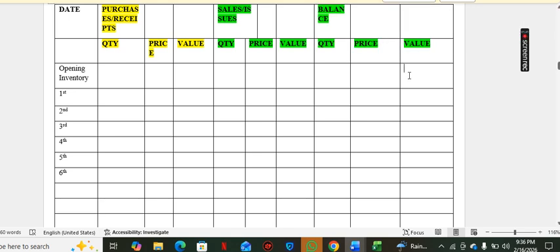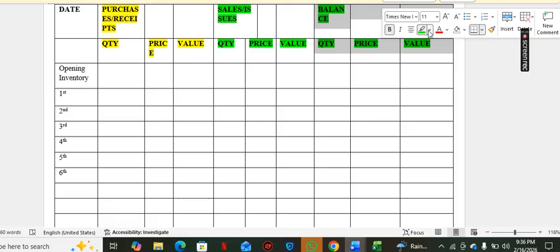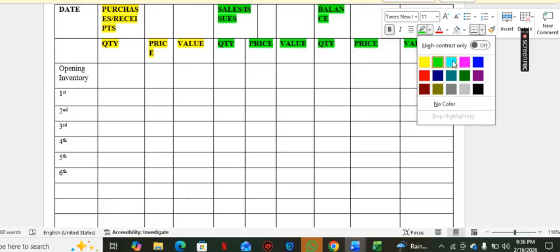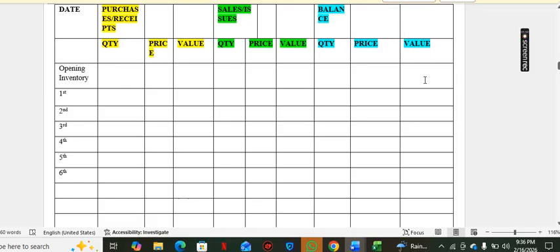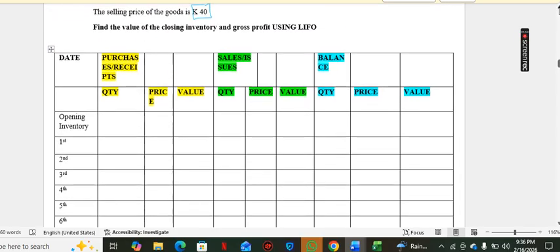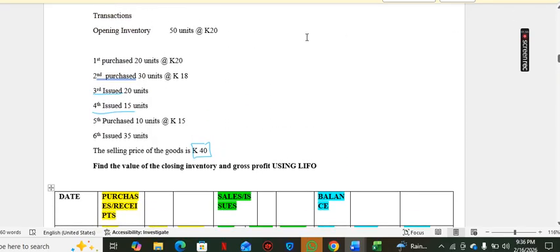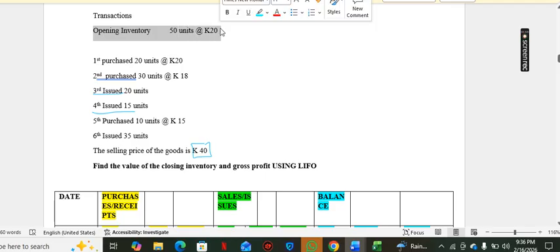So we're going to look at the transactions, and we're going to first try to find the value of our closing inventory using LIFO. So always look for your opening balance. They've told us opening inventory is 50 units valued at 20 kwacha each. This is the inventory that you start with at the beginning of the period.